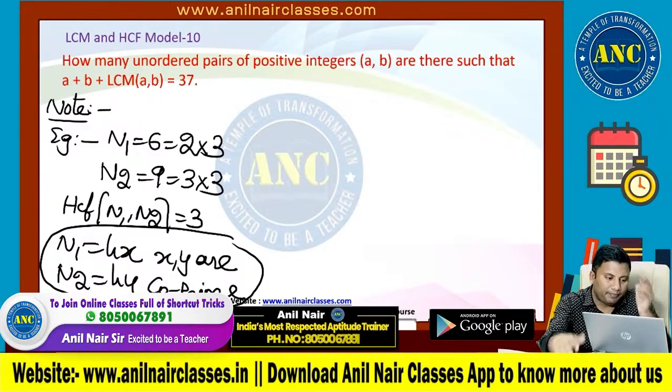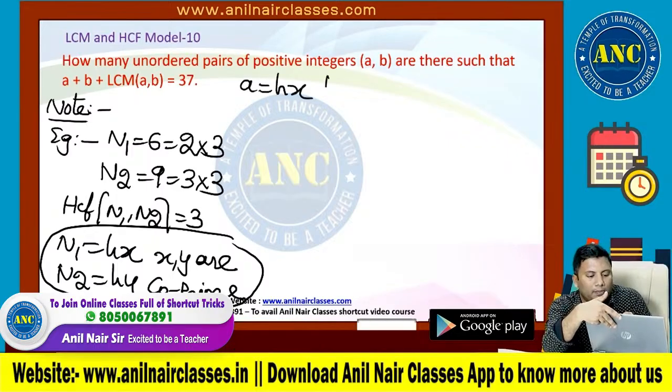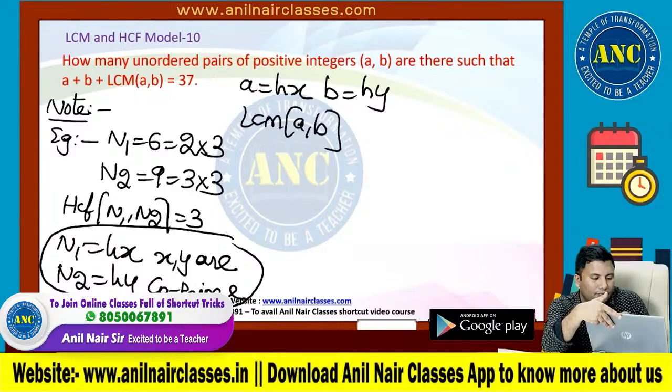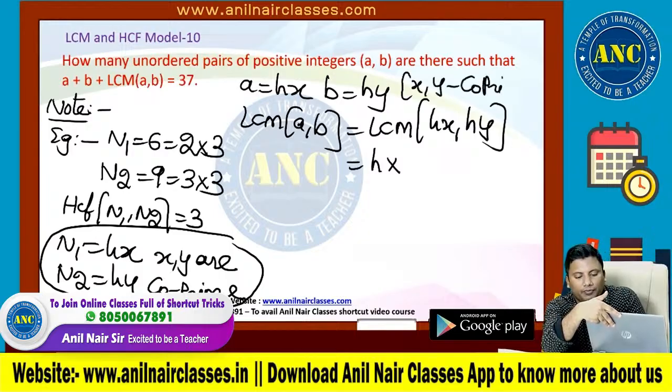Now see here. A is nothing but Hx. B is nothing but Hy. LCM of A comma B is LCM of Hx comma Hy. If common factor is taken out, X and Y are co-prime.